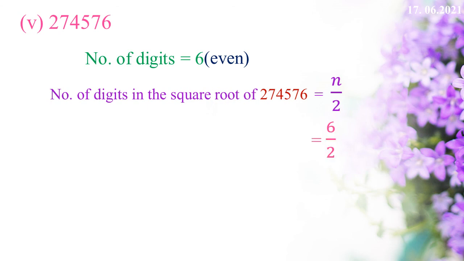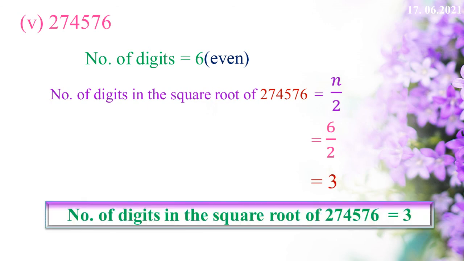Here n is 6. So 6 by 2. 2 is the common factor. So we can divide both 6 and 2 by 2. So we will get 3. Therefore, the number of digits in the square root of 2,74,576 is 3.